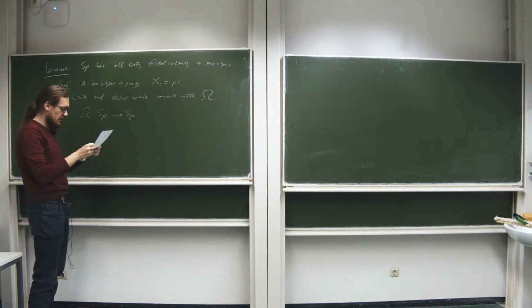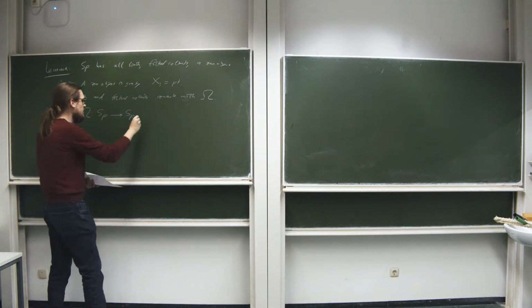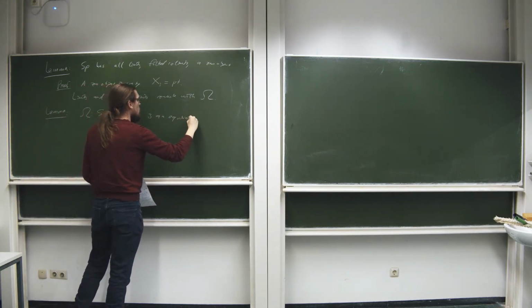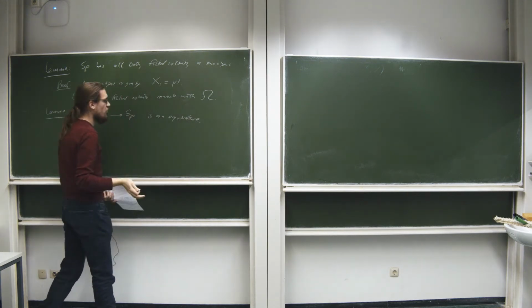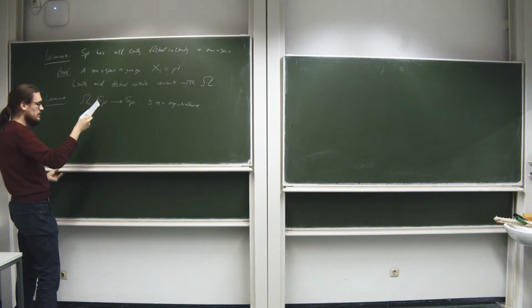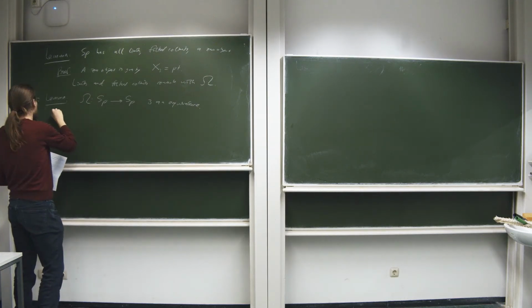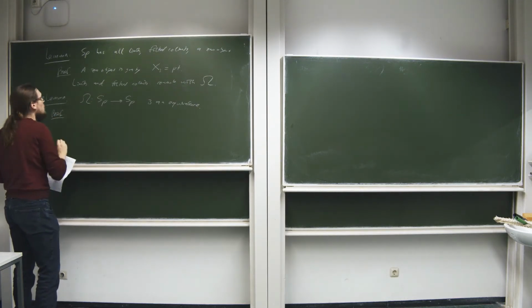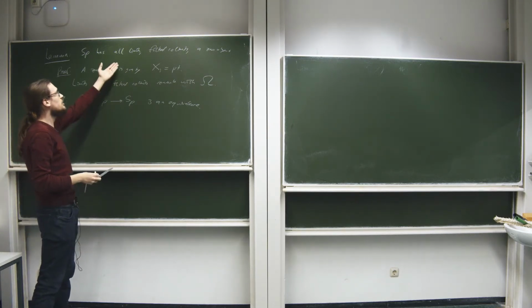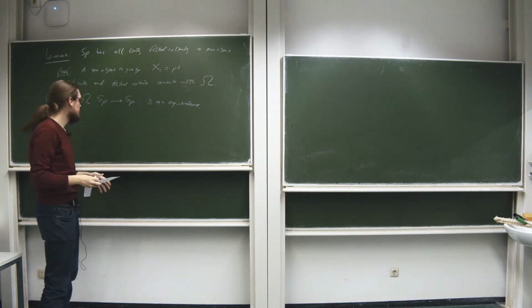So I can do that, and it turns out this is an equivalence, contrary to what happens on spaces. So why is that? Well, thankfully, limits, in particular this omega, are just formed pointwise, so we can just see what it does.